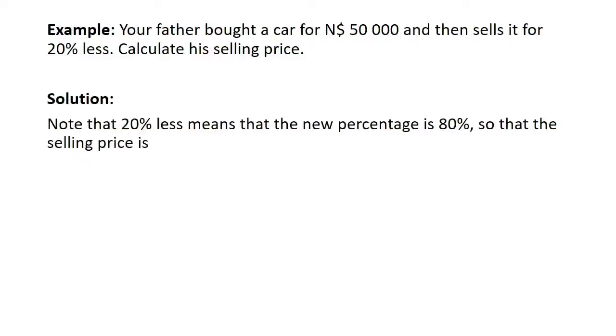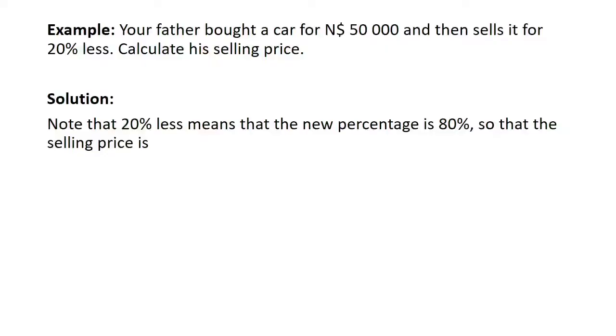The first thing that we note is that 20% less means that the new percent is 80, it's no longer 100. The 100% is 50,000. And therefore, if they are saying less, then it means that he did not recover the full 50,000, but he got 20% less of the 50,000.